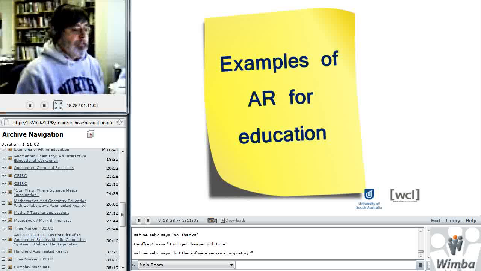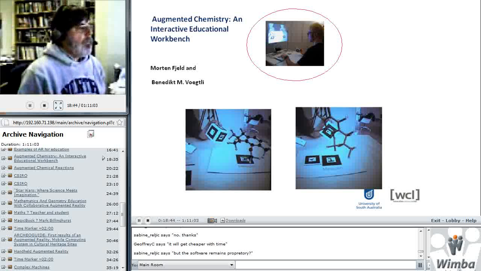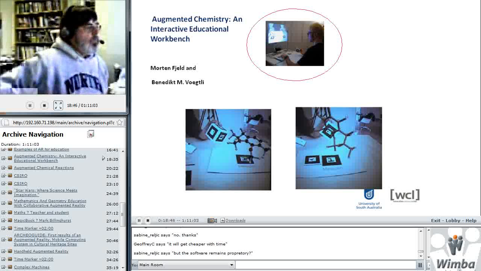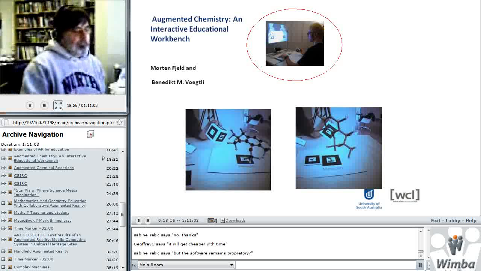Let me push to the first example, and this kind of gives you an idea if you want to come in on what I'd say is the low end of it. It's still very effective. So if we look at the picture at the top here, now this particular configuration, although it's AR because it's combining the physical and the virtual, you're not viewing the physical object.